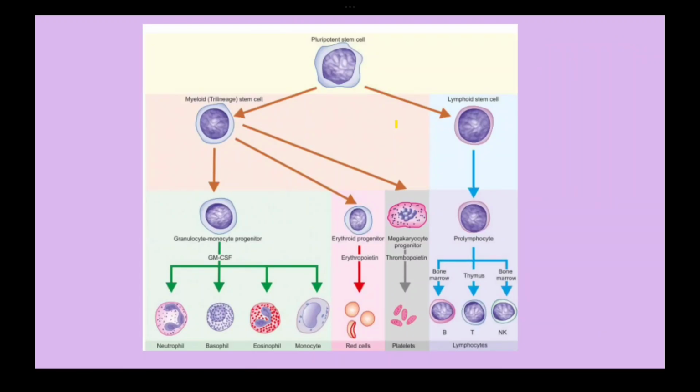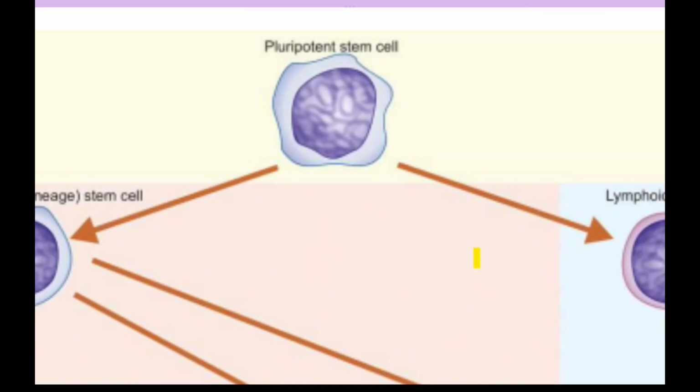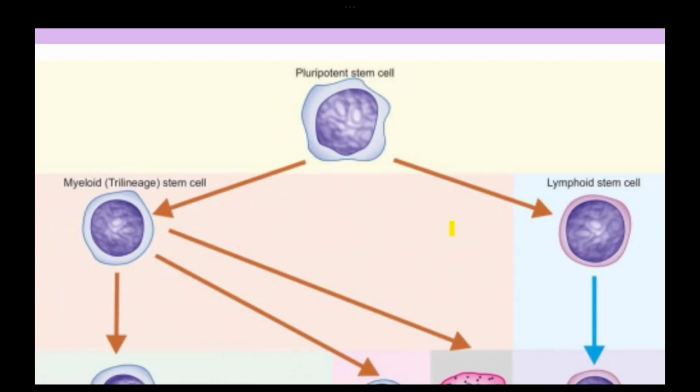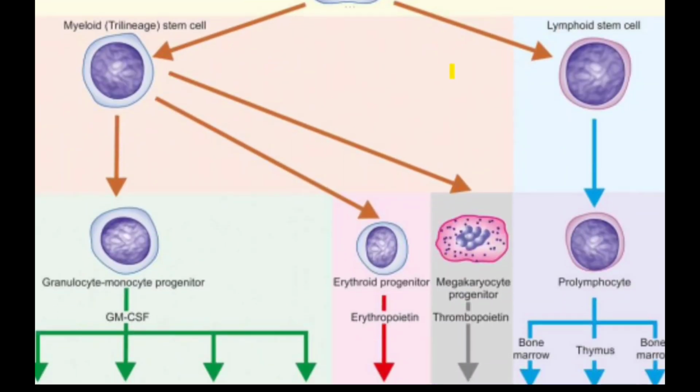Now here is the image of how a pluripotent stem cell, which is present inside the bone marrow, divides into two types. One is myeloid and the other one is lymphoid. The myeloid is a trilineage stem cell because it can further divide into three different types of cells, and lymphoid stem cells divide into one type of cell.